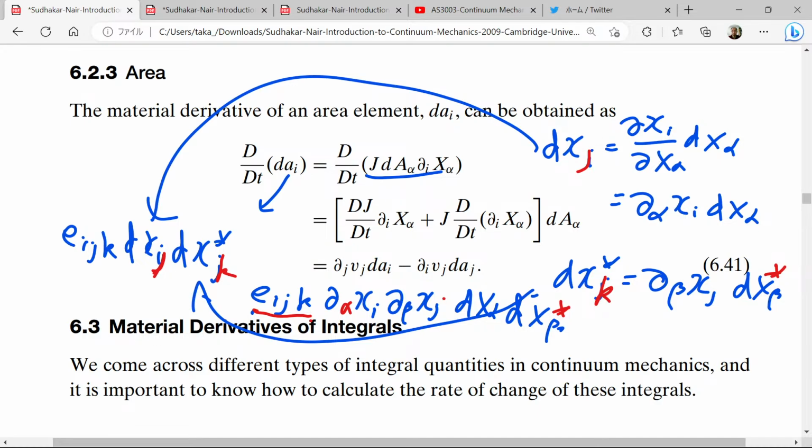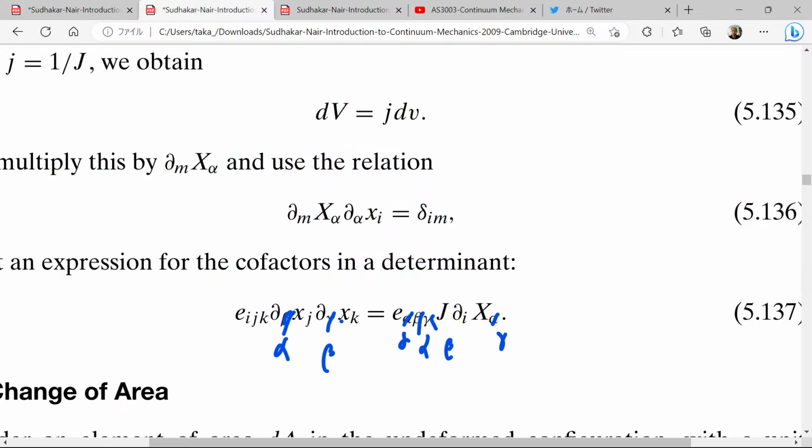Right? So this is a j and k. Okay, so we have jk is okay.